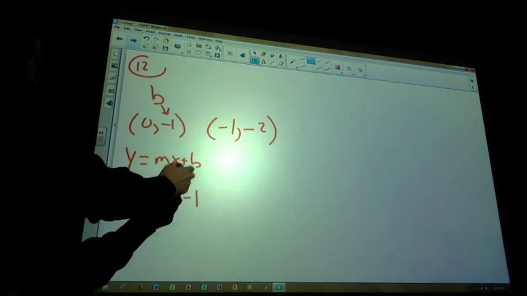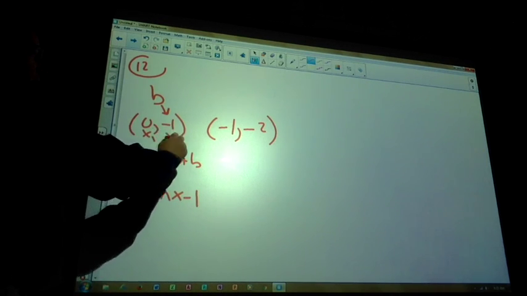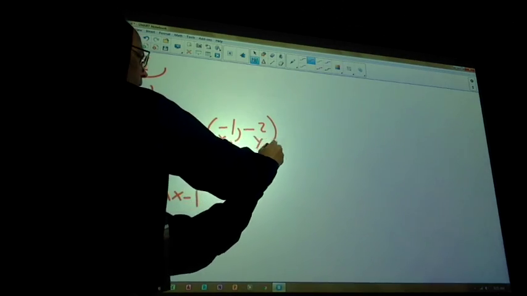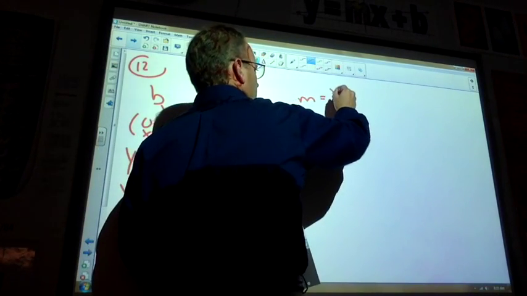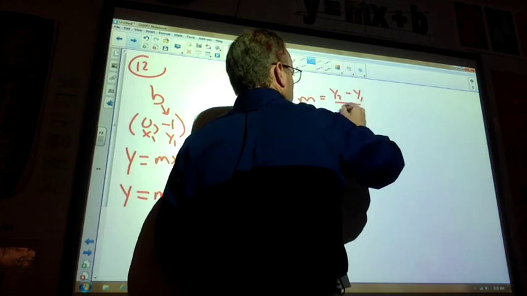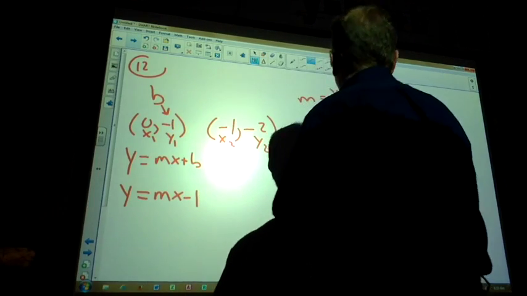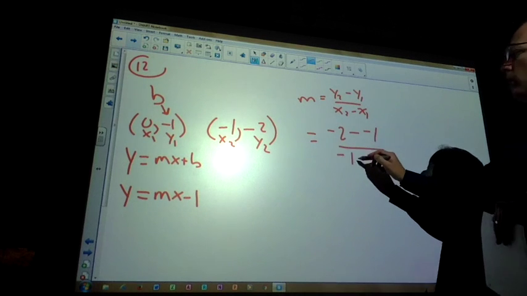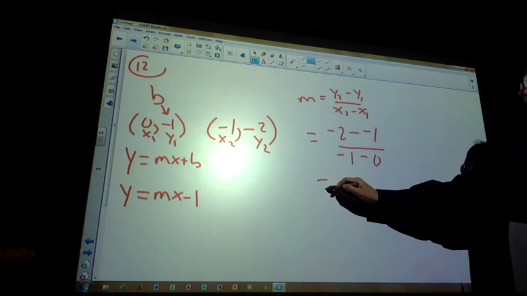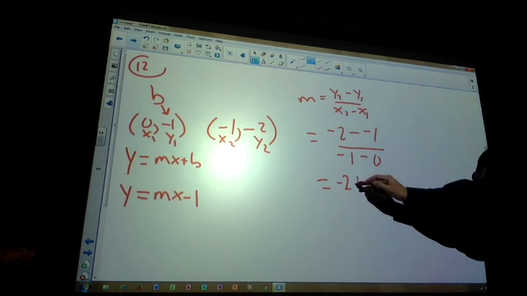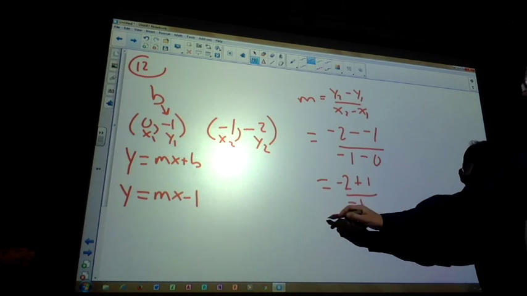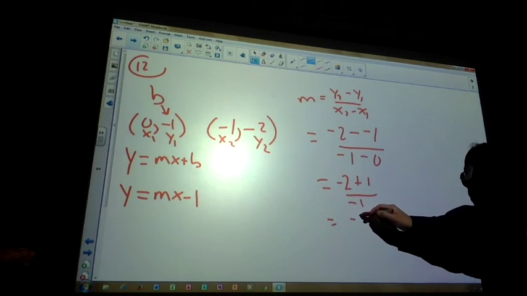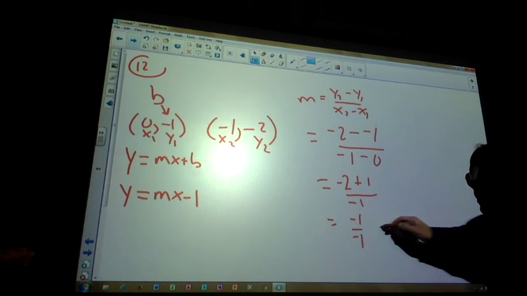So now let's figure out the slope. So x1, y1, x2, y2. Slope equation is still this. So I'm going to get -2 minus -1 over -1 minus 0. -2 plus 1 over -1. -1 over -1, which is 1.